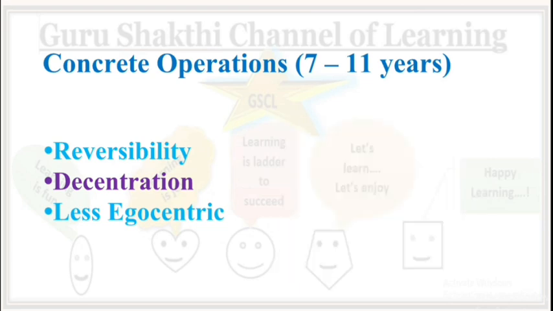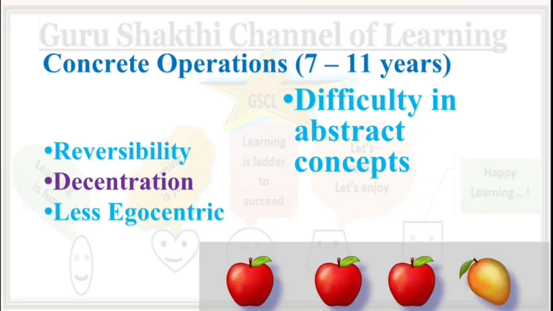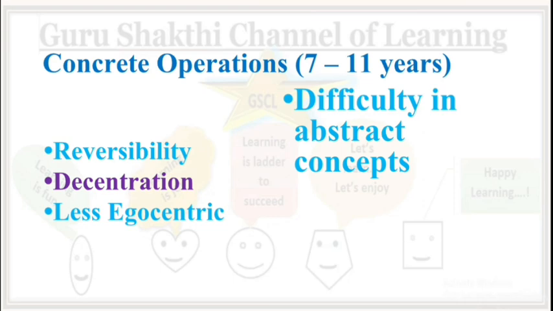A unique feature of this stage being that they depend on concrete objects. It is difficult at this stage for them to imagine or mentally represent things. You can't just say there are 3 apples and 1 mango and ask totally how many fruits are there.